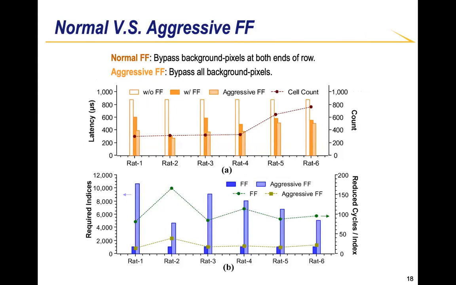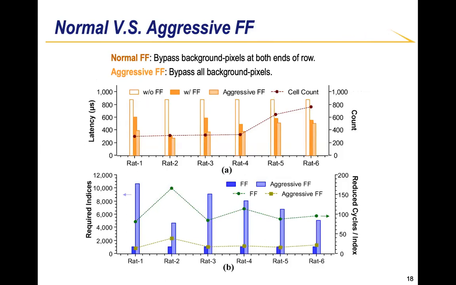We also benchmarked an aggressive fast-forward mode in which not only background pixels at both ends of the row are bypassed, the accelerator skips over every single background pixel. This no doubt causes additional overhead on storing extra skipping row and column indices.